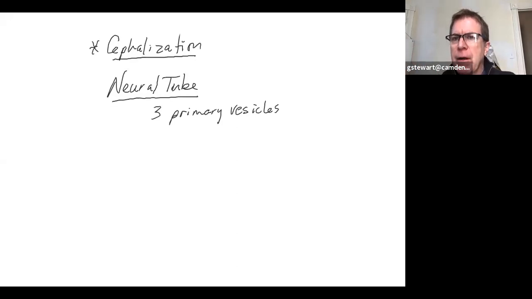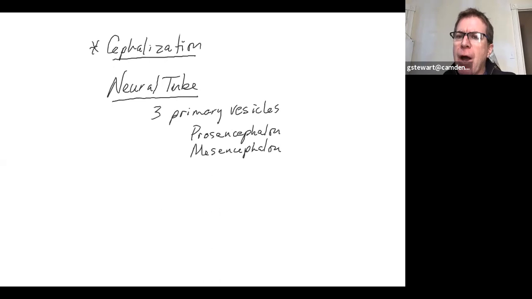And those three are the pros, P-R-O-S, and cephalon, the mes, M-E-S, and cephalon, and the rhomb, R-H-O-M-B, the rhombencephalon. That refers to these bulgings in the neural tube.